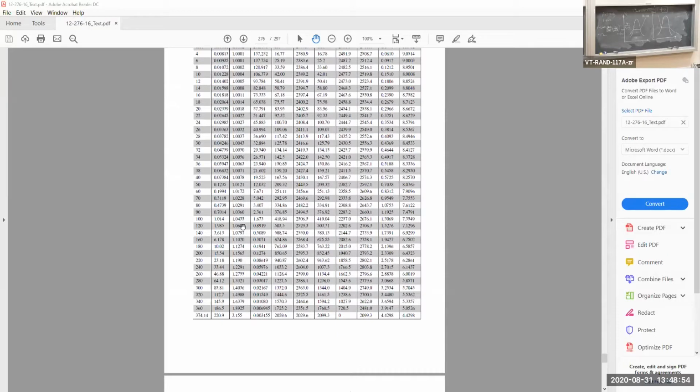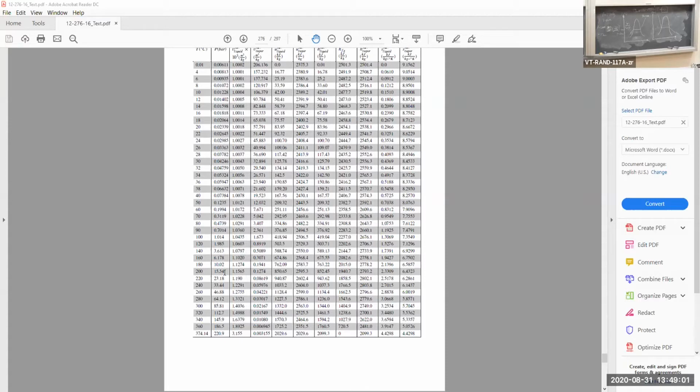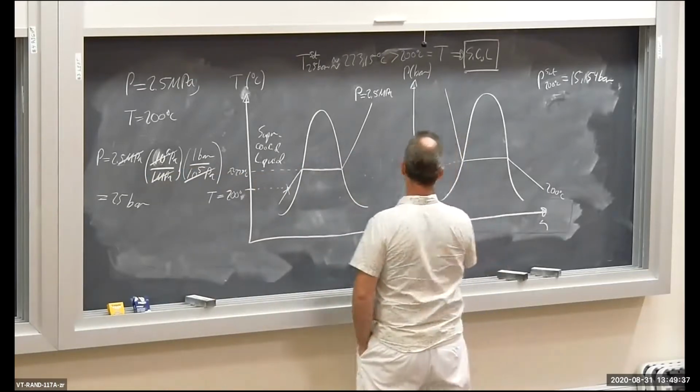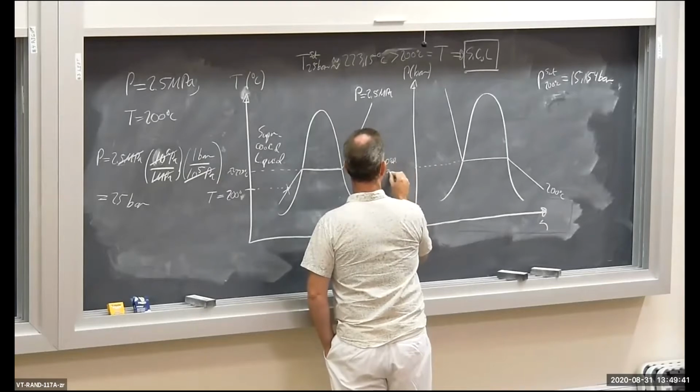Pressure table, saturation temperature table. 200 degrees C, 15.54 bar. So Psat at 200 degrees C is 15.54 bar.